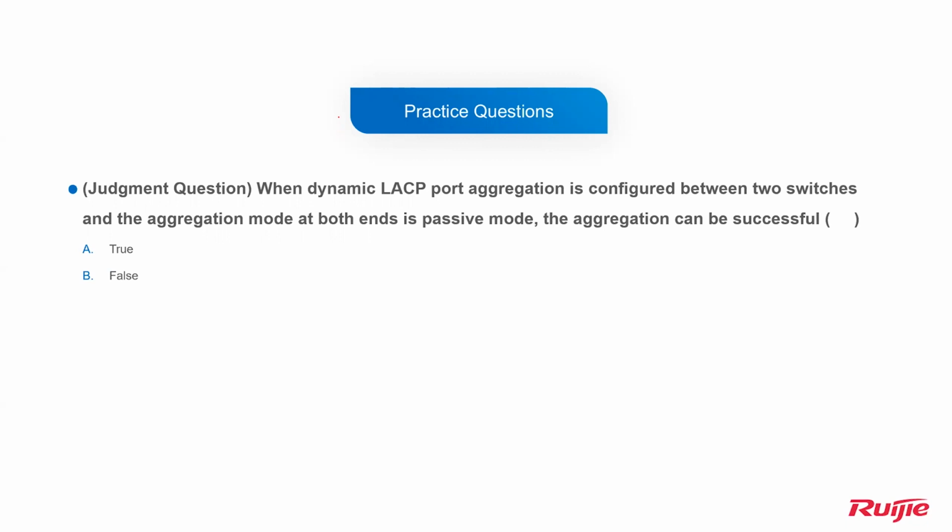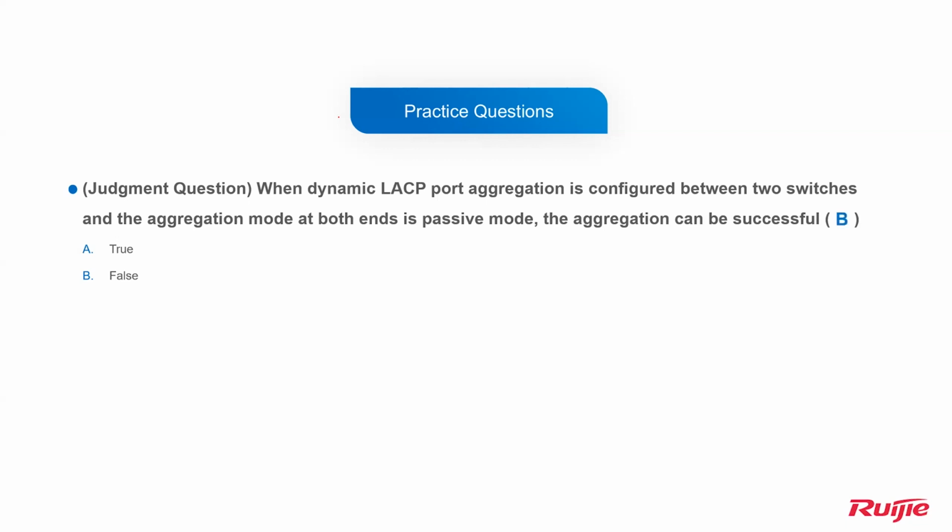Because if both ends are passive, no port will generate the LCP packet. So they will not start to negotiate, right? It will cause the link aggregation to fail to establish. So the statement here is false.